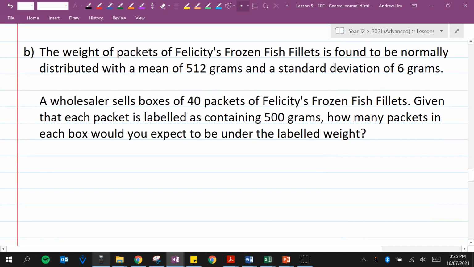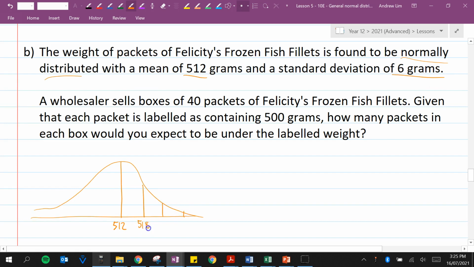So as soon as I see this normally distributed, I'm just going to draw my bell curve. My mean is 512, and my standard deviation is 6. So 1, 2, 3.